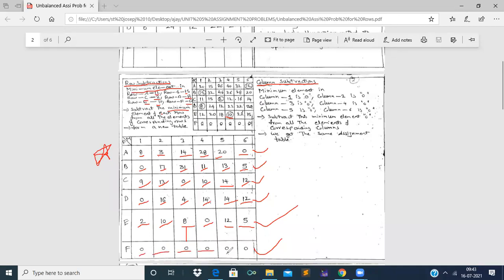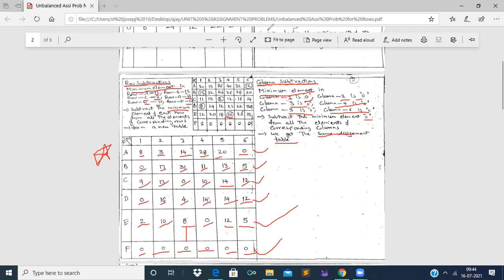Therefore, subtract this minimum element 0 from all elements of corresponding columns. Therefore, we get the same assignment table as we have got here.